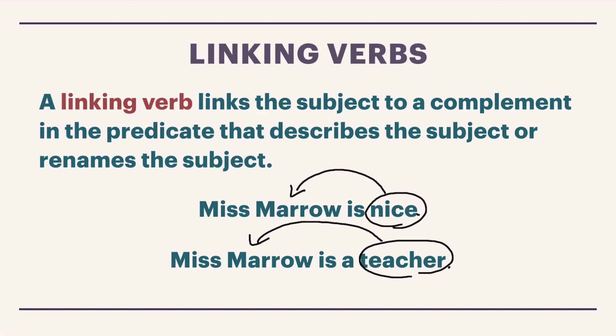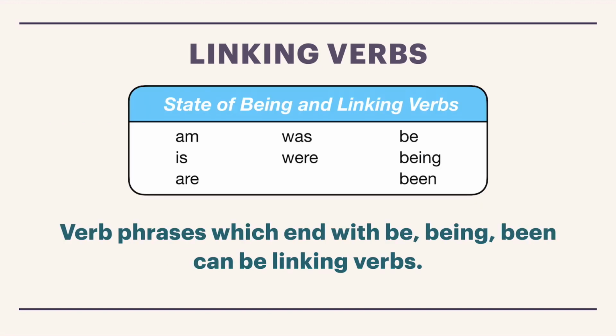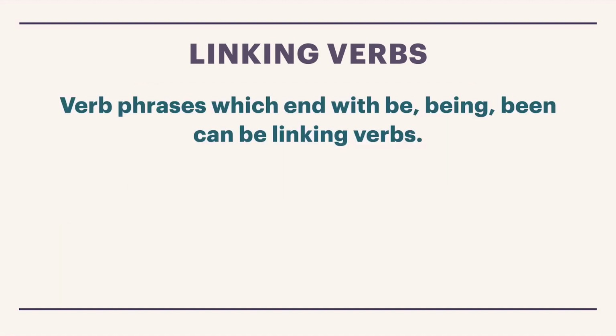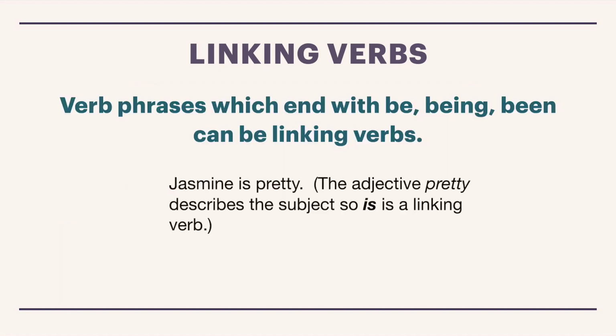You already know many of the linking verbs, because the state of being verbs can also be linking verbs. We have am, is, are, was, were, be, being, been as our state of being and linking verbs. Verb phrases which end with be, being, and been can be linking verbs as well. Now let's look at an example.